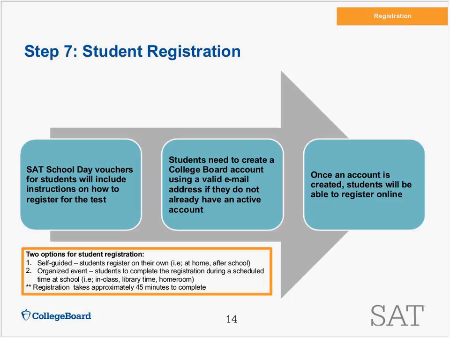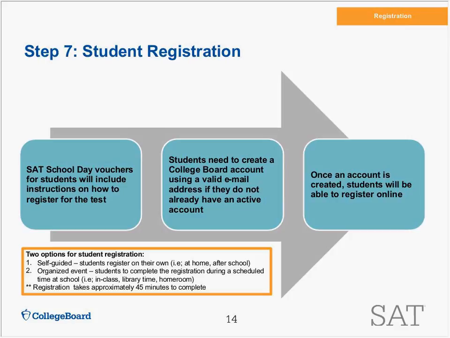Students will need to create a College Board account in order to register online. Now, it's important to know that if a student already has a College Board account, if they've already taken the SAT on a Saturday admin, or for whatever reason, they need to use that College Board account, and they can use their voucher to complete a registration.